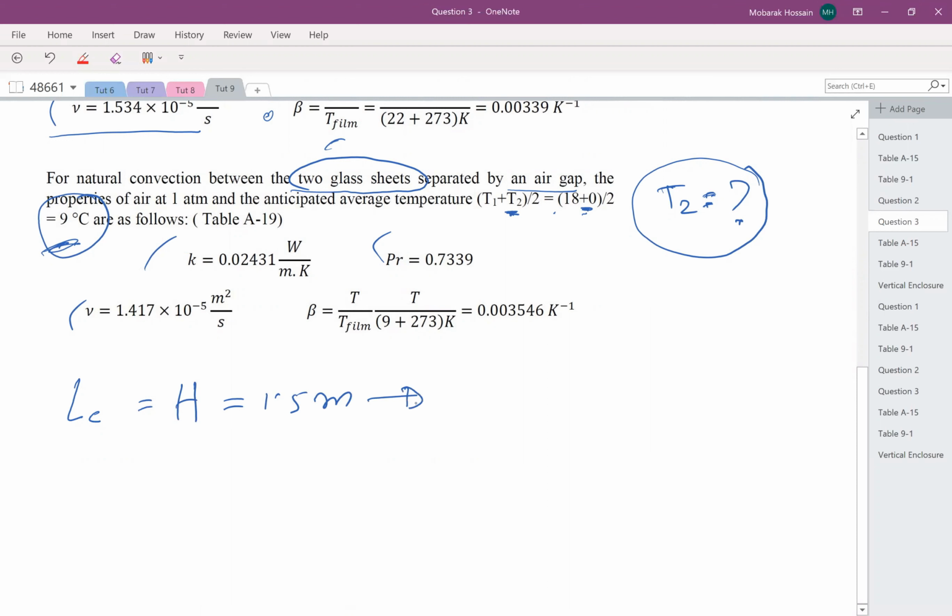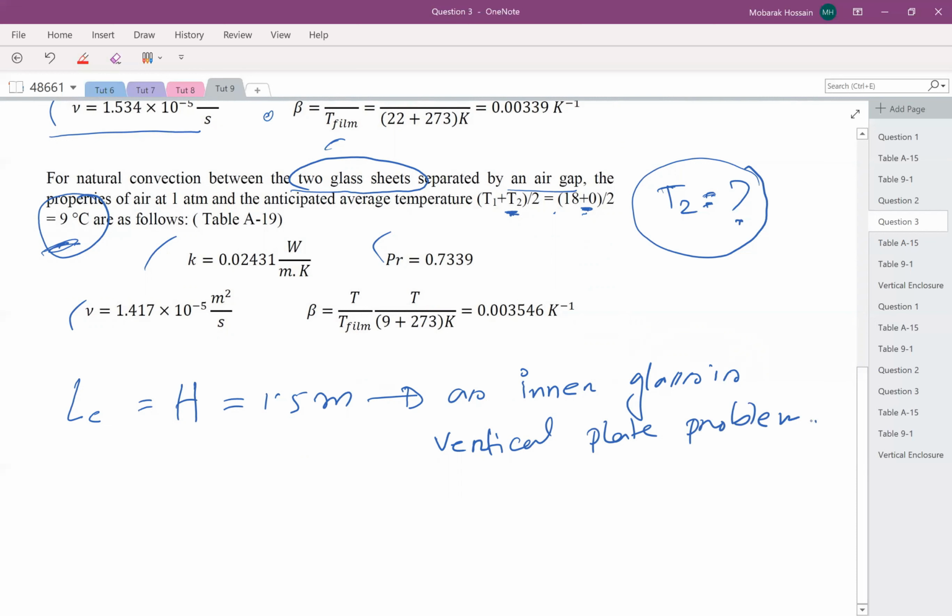As this one, we will consider the inner glass as a vertical plate problem.